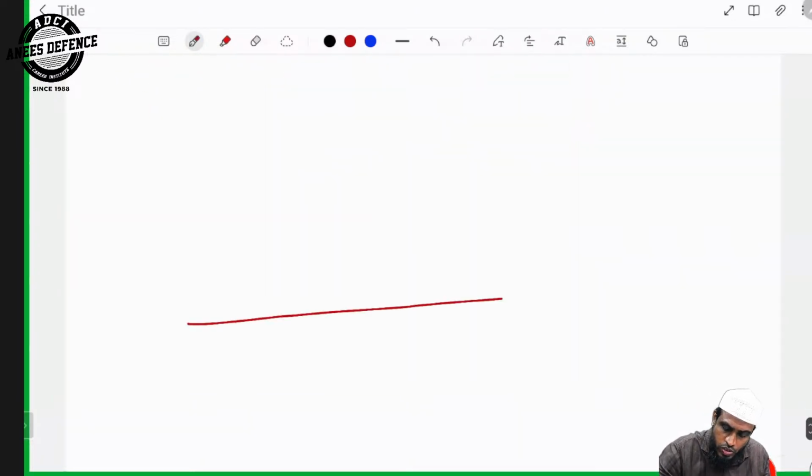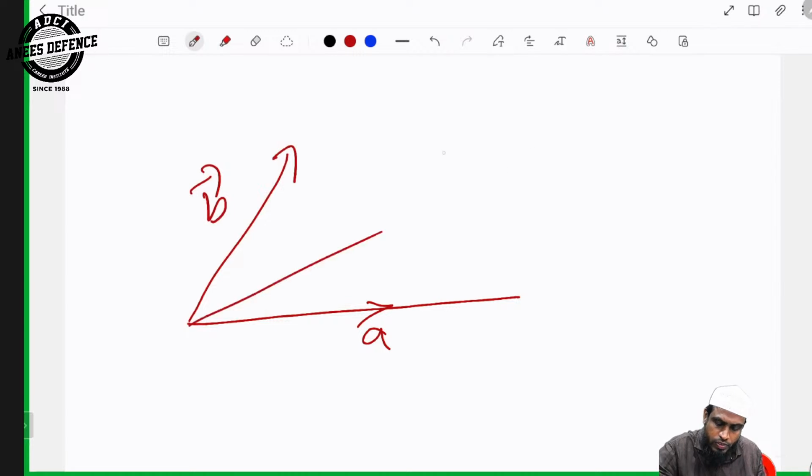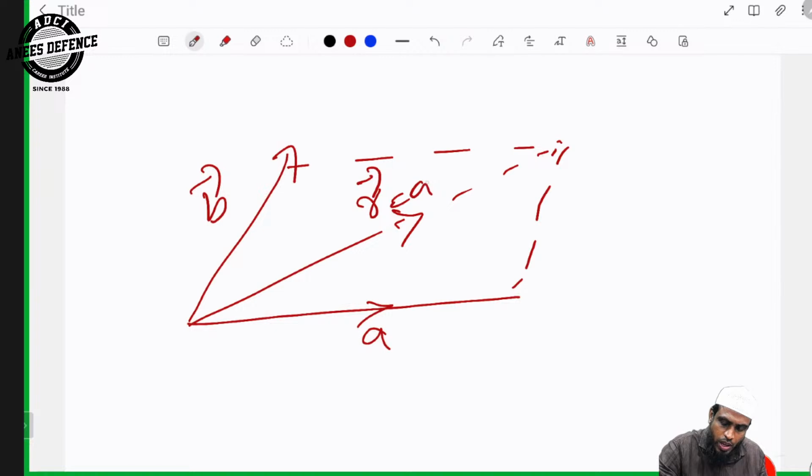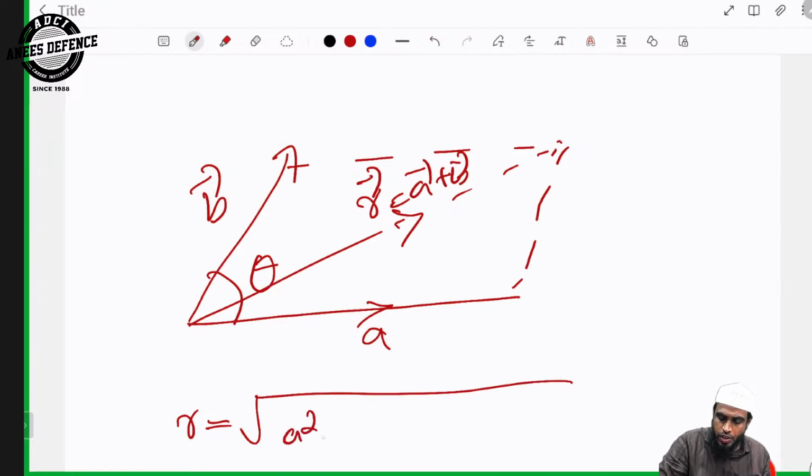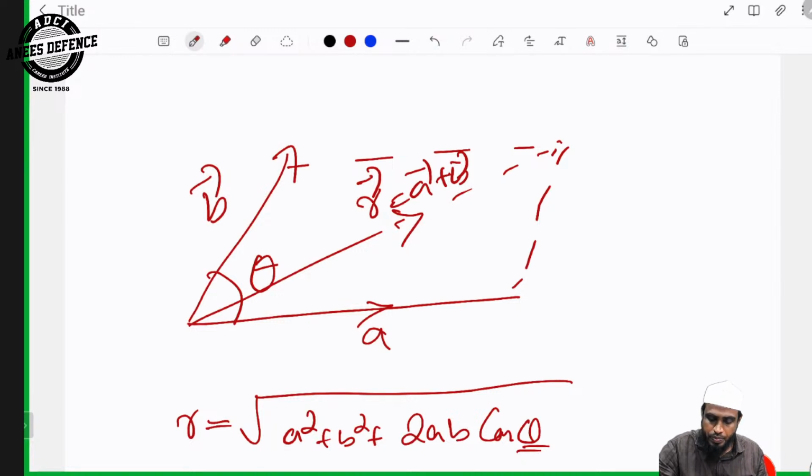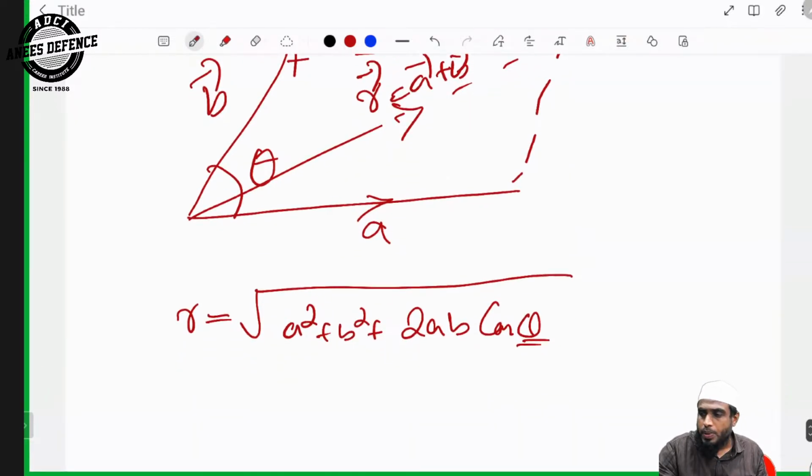So this is vector A and this is vector B, and you will get a resultant vector like this that is equal to A plus B. The angle between the two vectors is theta. So the magnitude of the resultant is R equal to root of A square plus B square plus 2AB cos theta.